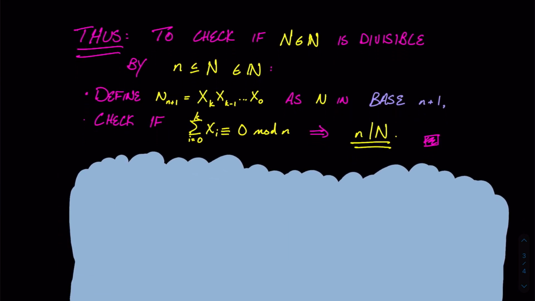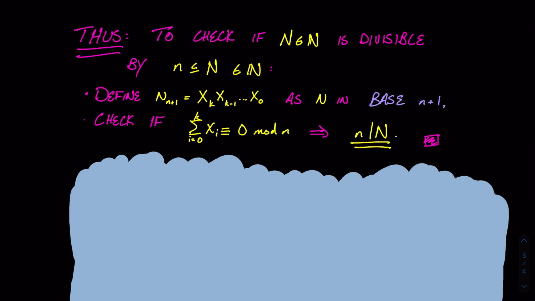In other words, to check if some big N, a natural number, is divisible by little n less than it, we can define big N in the base of little n plus 1 with the digits x_k, x_(k-1), and x_0.